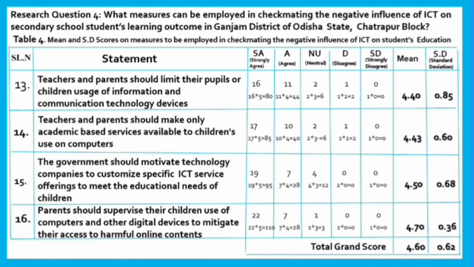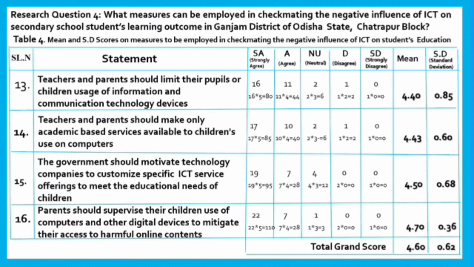Statement number 13, teachers and parents should limit their pupils' or children's usage of information and communication technology devices. Here, the mean score is 4.40 and the standard deviation score is 0.85. In statement number 14, the teachers and parents should make only academic based services available to children's use of computers.